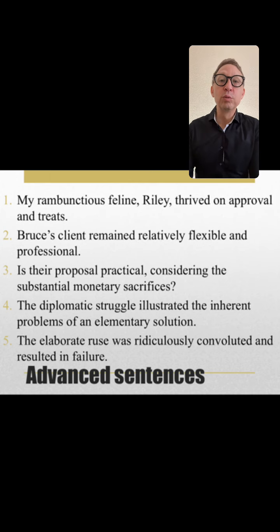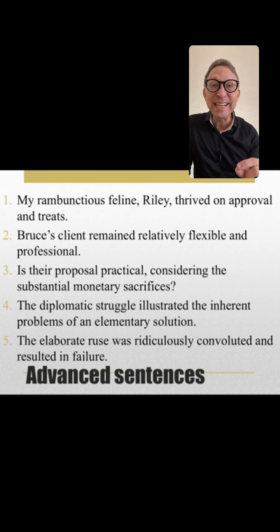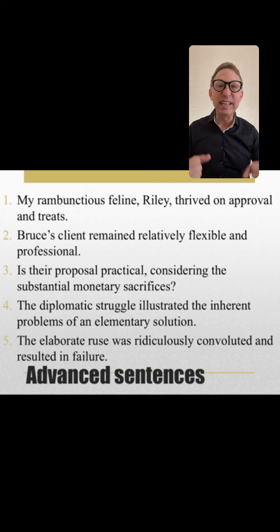All right, so rambunctious means someone who is, or something is, uncontrollable. They're uncontrolled, they're rambunctious. Young children are often rambunctious, especially these young boys with lots of energy. Feline is a cat. And thrived is when you're doing very well. If you have a thriving business, your business is making money.